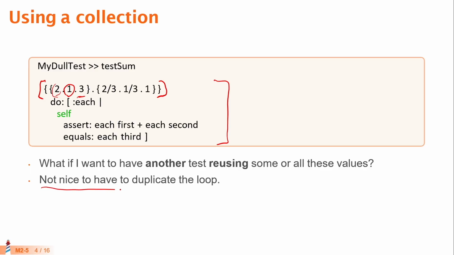We don't want to duplicate, in this case, the loop. Also, as you see, the complexity of this test has risen a lot. We passed from a single line test to a loop and a collection and values, and this test started gaining complexity easily.